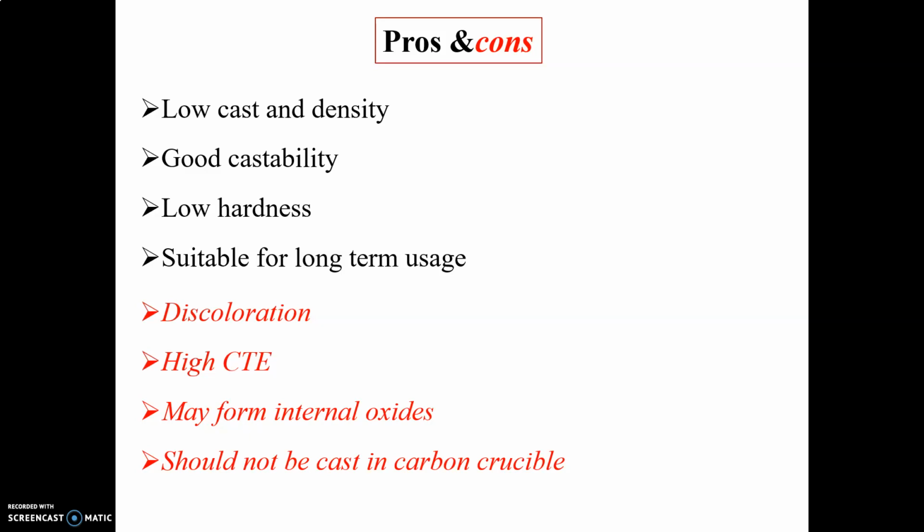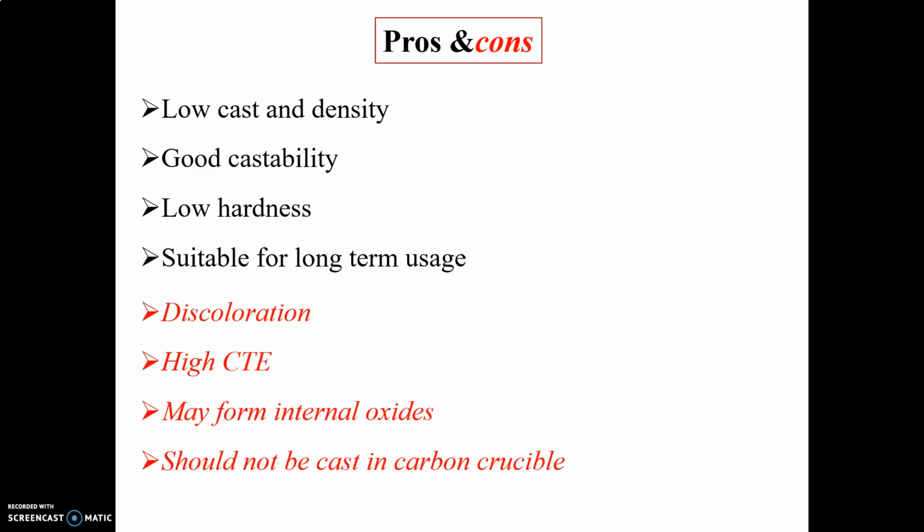What are the pros and cons of alloys? The pros are low cost and density, good castability, low hardness, and suitability for long-term usage. The cons are discoloration, high cost, and the possible formation of internal oxides. Internal oxide formation is due to the entrapment of oxygen into the metallic structure.